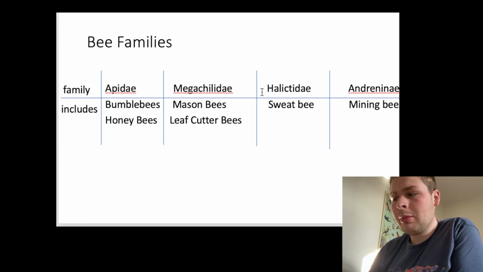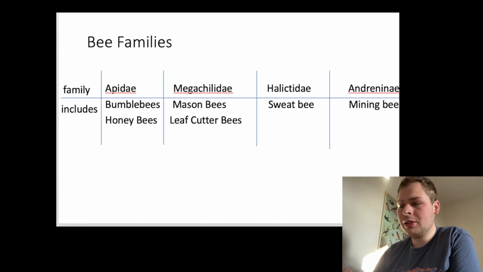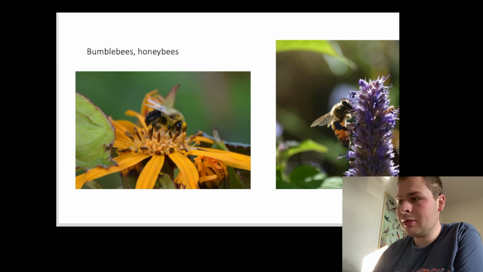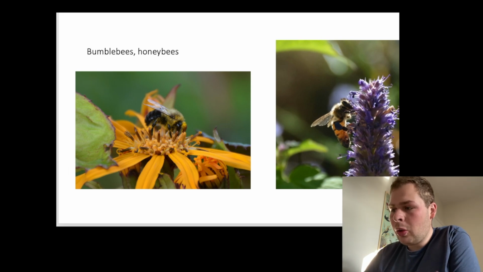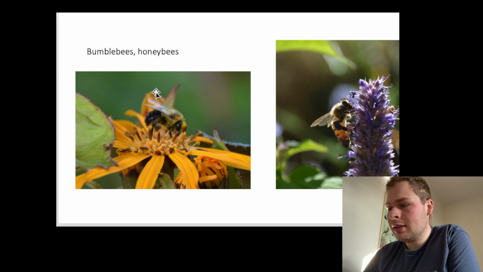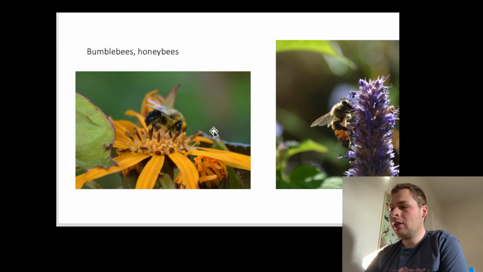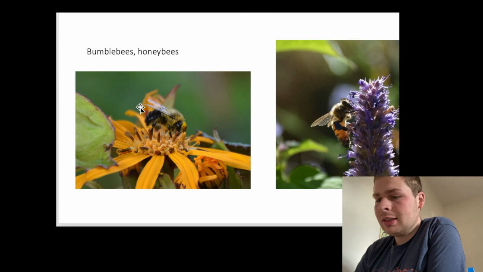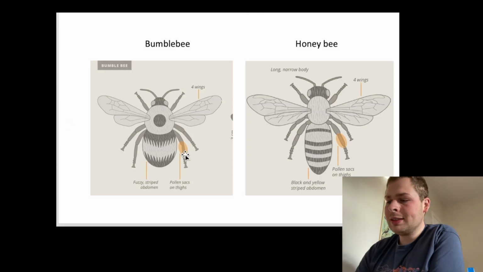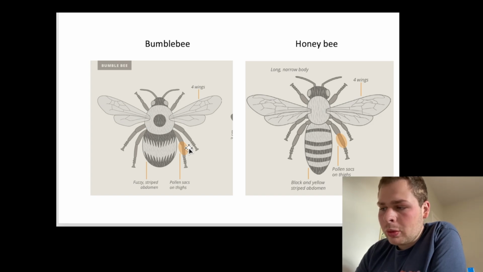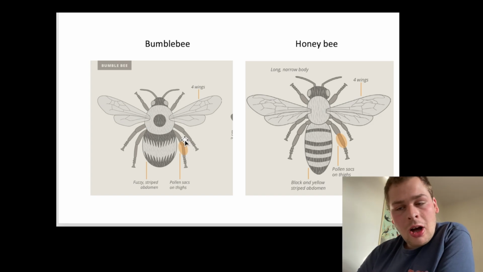So first, let's talk about bumblebees and honeybees. I'm sure you've seen these outside. Honeybees, they create honey, as their name implies. And bumblebees are quite large, especially the queens, and quite fuzzy. So what are some of the identifying features in this family? Well, both of these species, bumblebees and honeybees, carry the pollen on what we call pollen baskets on the thighs of their back legs.